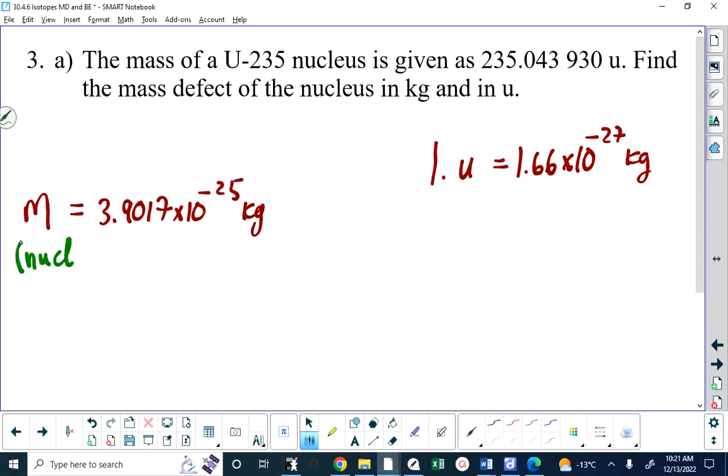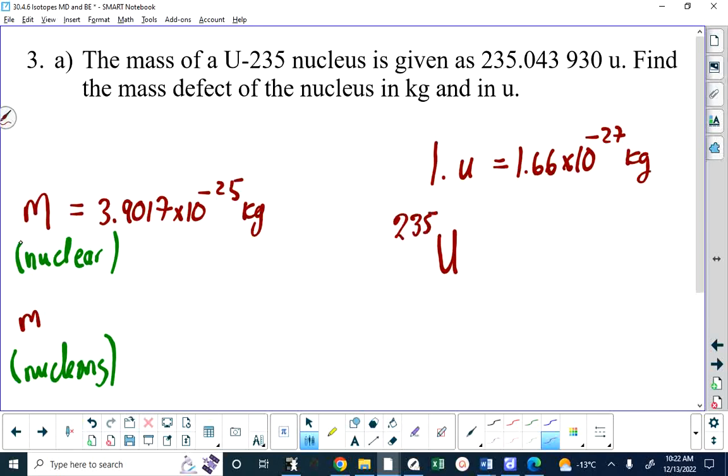This is the nuclear mass. However, the mass of the nucleons, and what's implied there is the separated pieces, I have to figure that out. It's uranium-235.